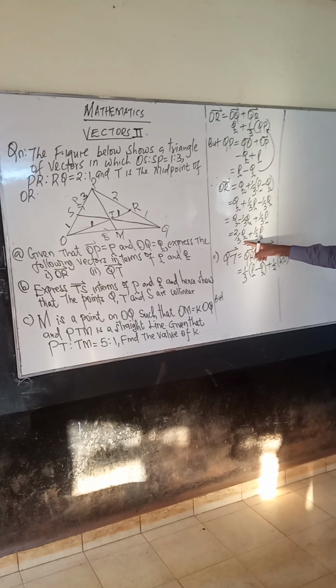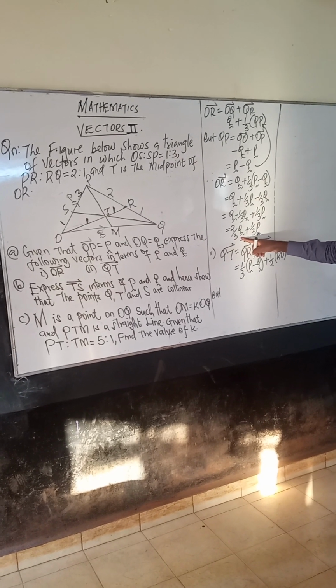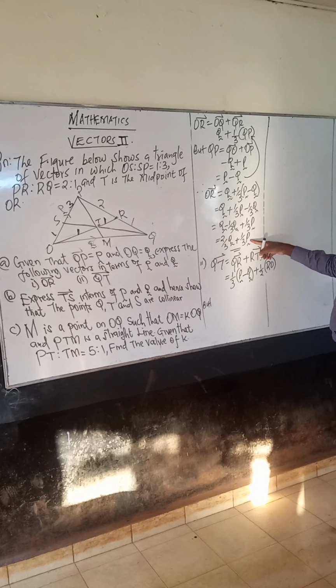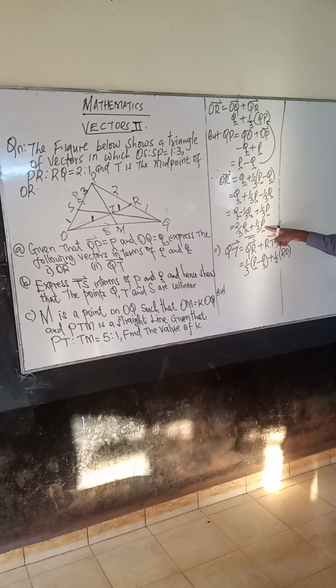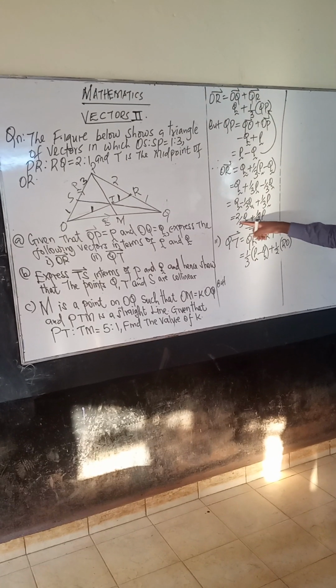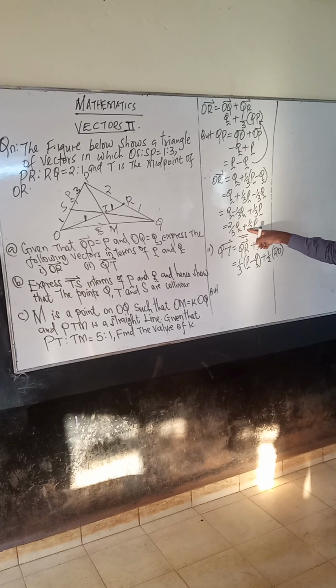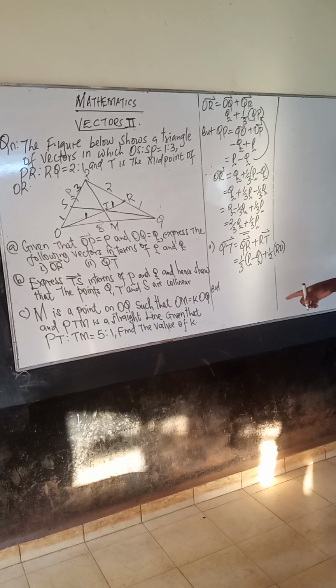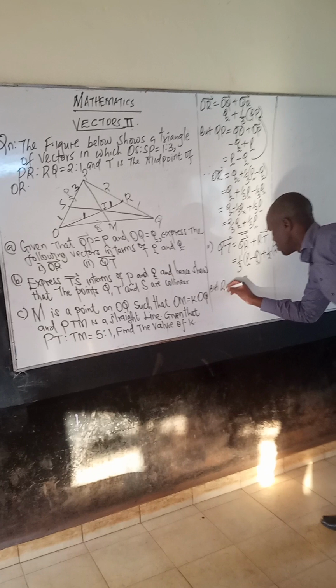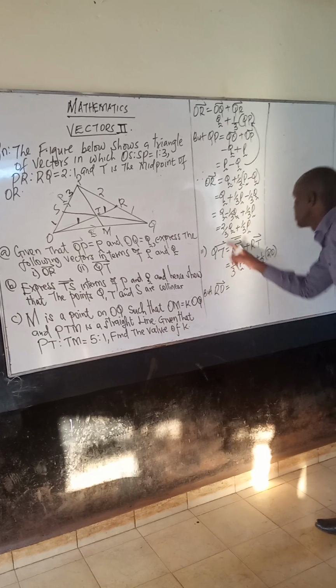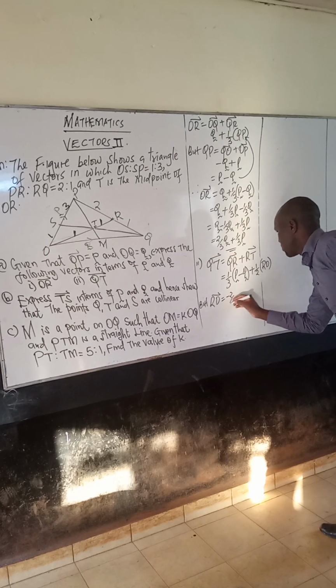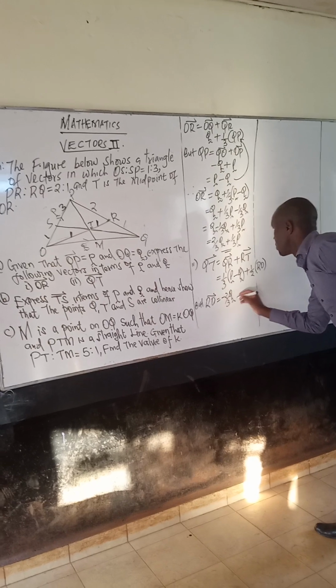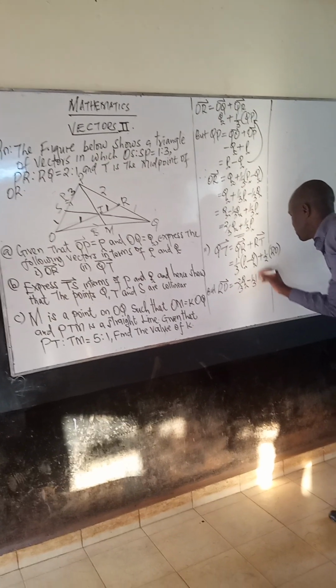We found it to be 2 over 3 Q plus a third P. So if I want to find RO, I will change these signs. These two are positive, so I'll change them to negatives. So RO will be negative 2 over 3 Q minus a third P.